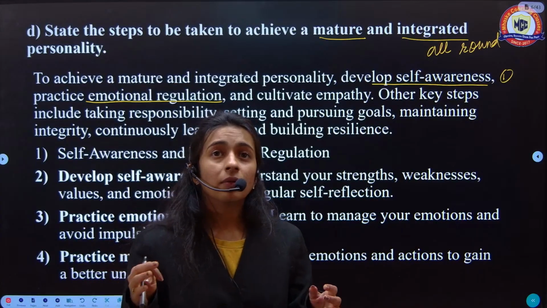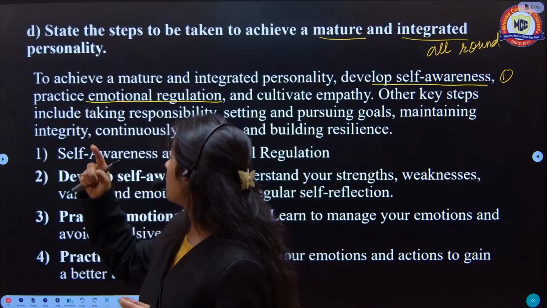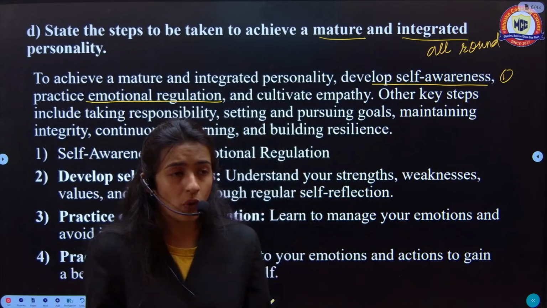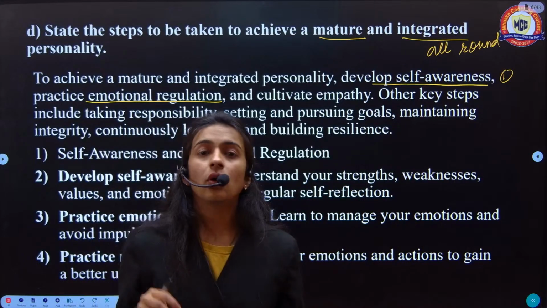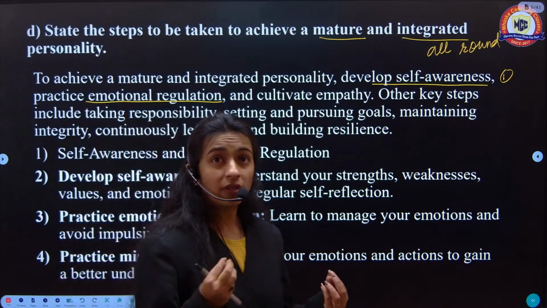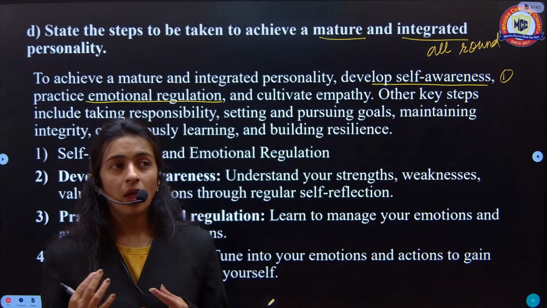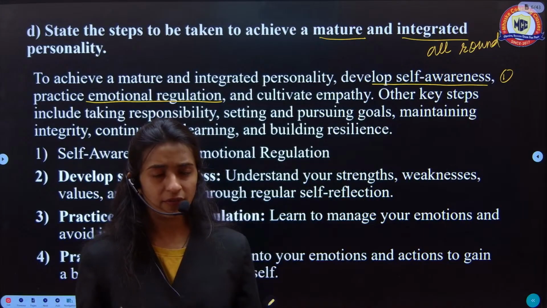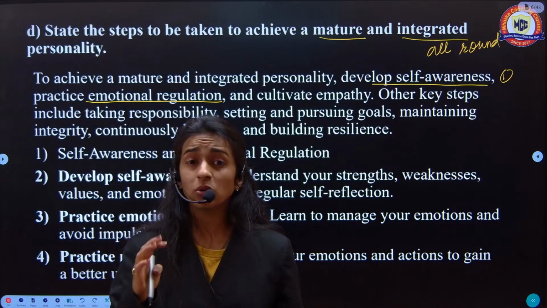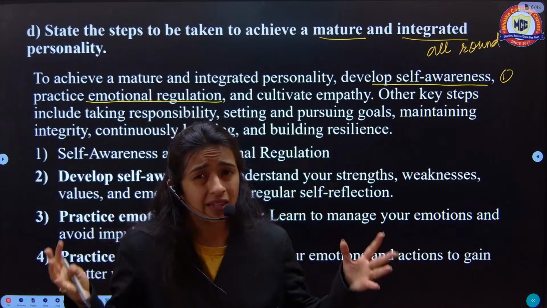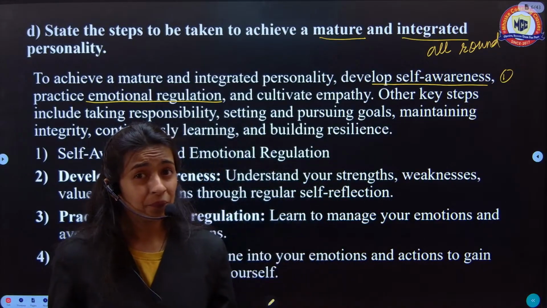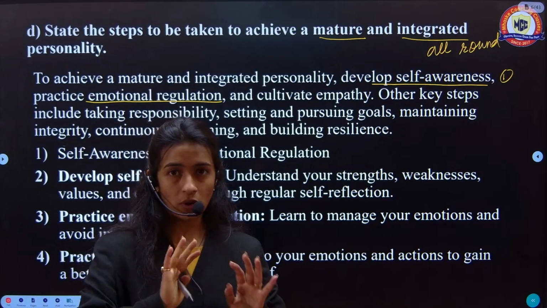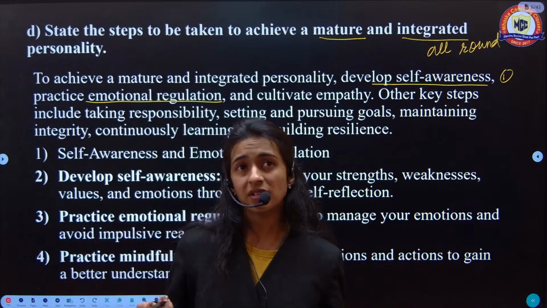No. If someone teases you and you start crying and don't want to show up in front of the group, that is not emotional regulation. Emotional regulation means you actually know how to control your emotion. When you are in a group, you're not going to cry, you are going to face the situation, not by screaming and overreacting, but by controlling your emotion and giving a positive, normal reaction to it. So that is what self-regulation means.